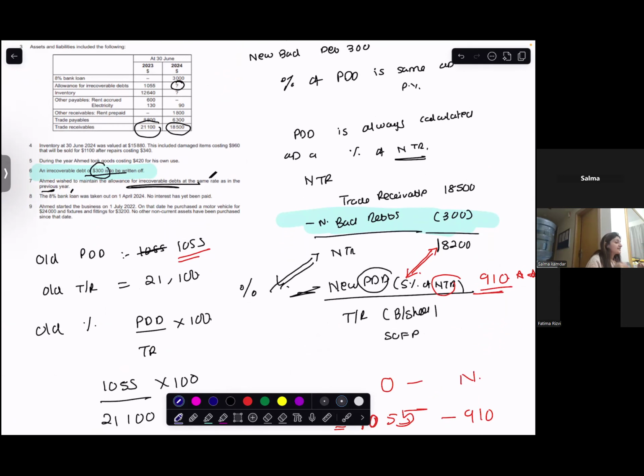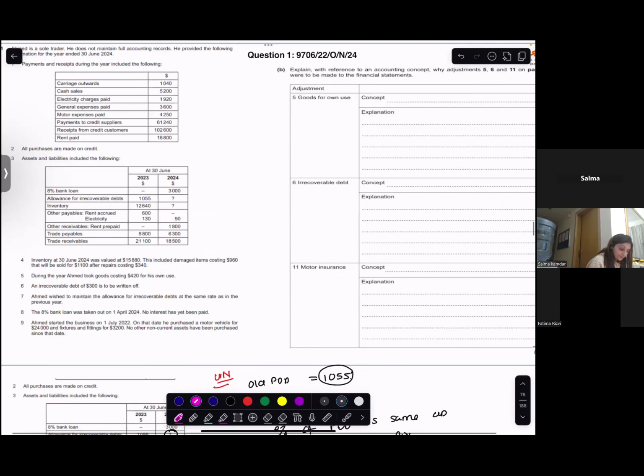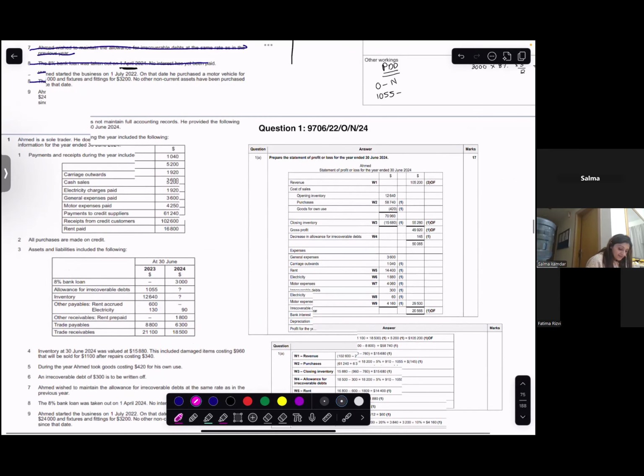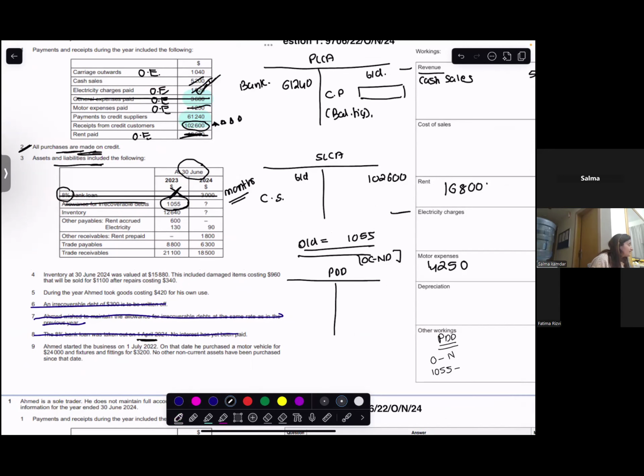New bad debts will be other expenses, and new PDD depends upon increase or decrease. So this is done now. I'm going ahead. Allowances is over. I'm putting a strike through. It is very important to mark what is done so that you do not miss out on any information.